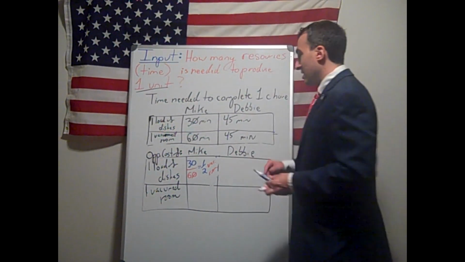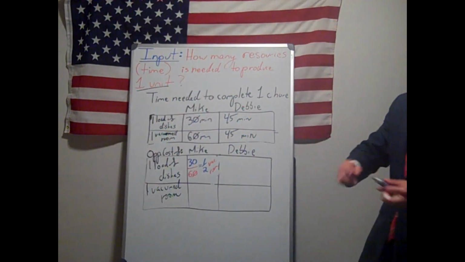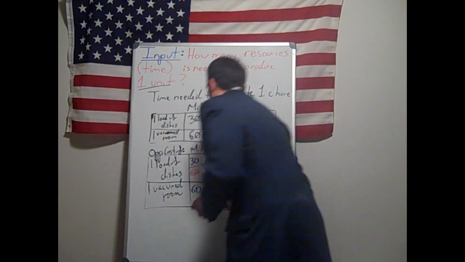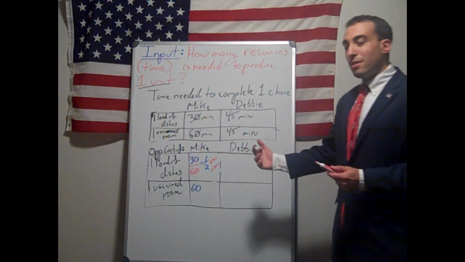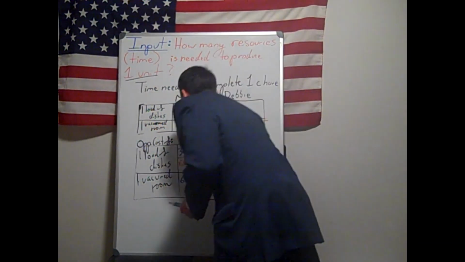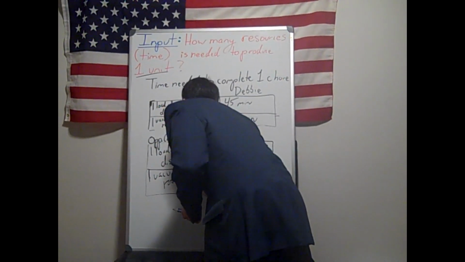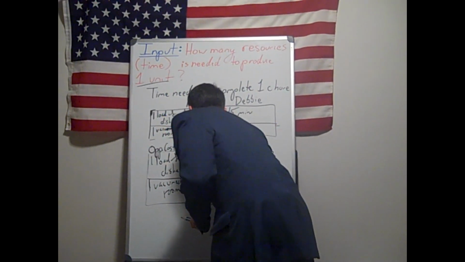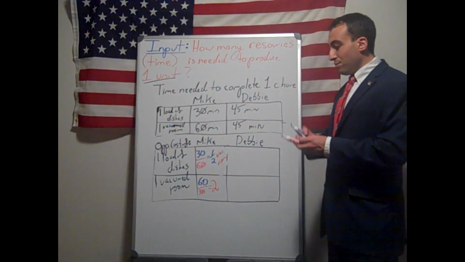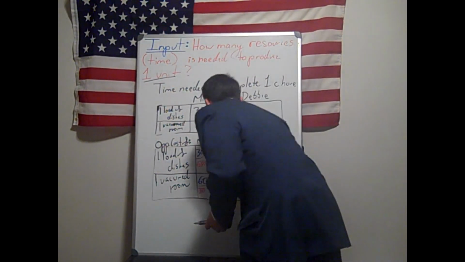So let's say he is now choosing to vacuum the room. We're going to do 60. If he's choosing to vacuum the room, he's sacrificing, not doing the dishes. Divided by 30 equals 2. 2 what? 2 loads of dishes.